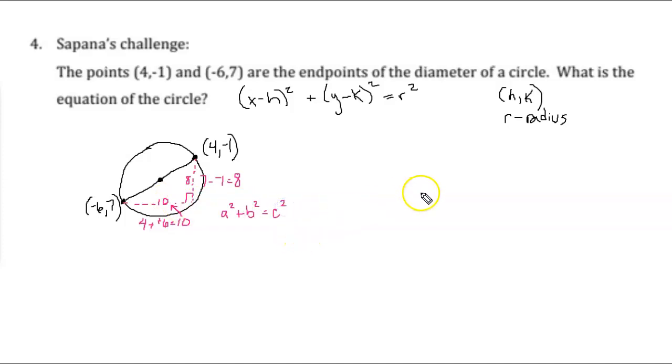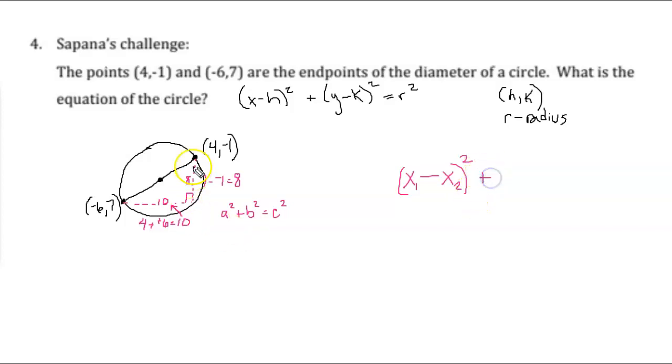Some people like to use a big formula. They would just want to know straight up what the distance is. And the distance formula is based off of the Pythagorean theorem. So if I subtracted the x's to get that 10, that's my a, so I'm going to do a squared.